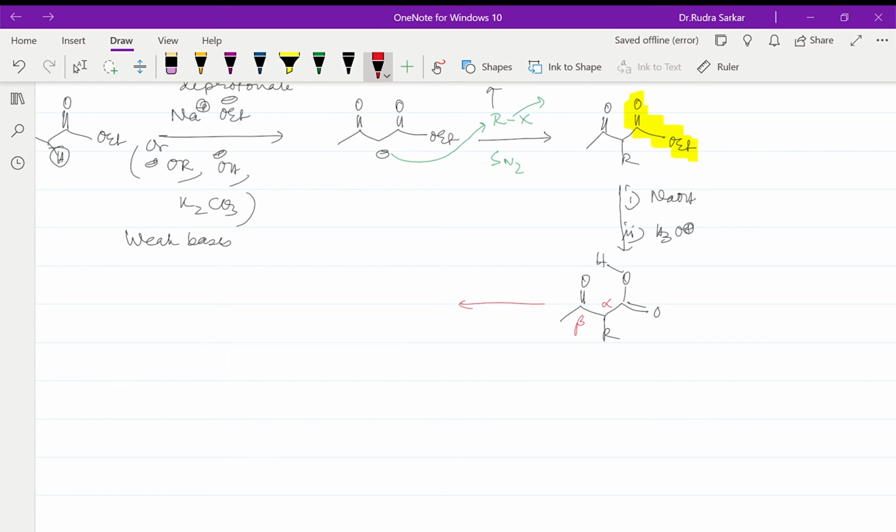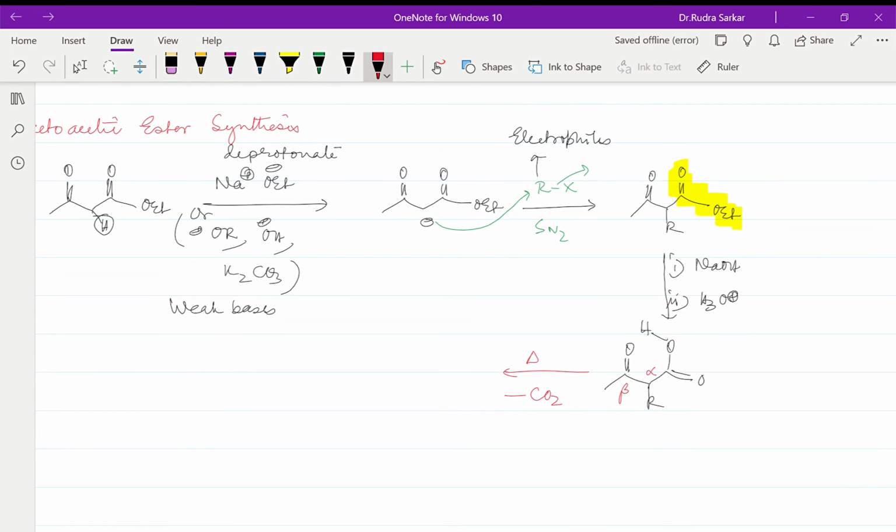Beta keto acids, if you heat them, undergo decarboxylation easily in the following manner, and lead to the formation of this type of enolate as the intermediate, and that will eventually tautomerize to give us our desired alkylated ketone as our target material. So this is our target material.